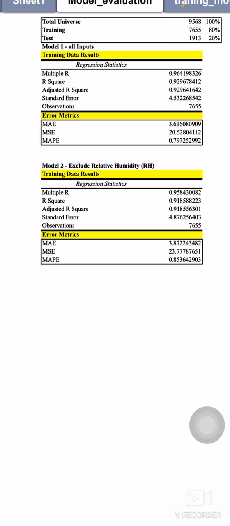So for model 1 it's 0.98, sorry, 0.92, and for the model 2 it's 0.91. So similarly, if you compare the error matrix, so MAE, it's 3.61 and 20.52, and MAPE being 0.79.